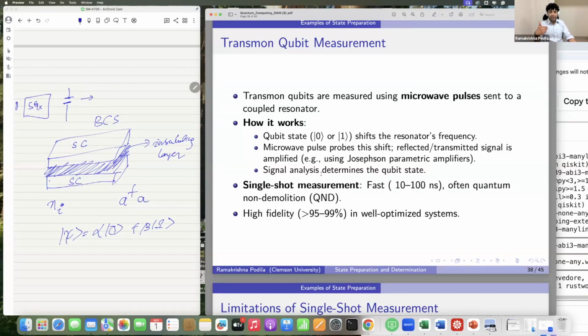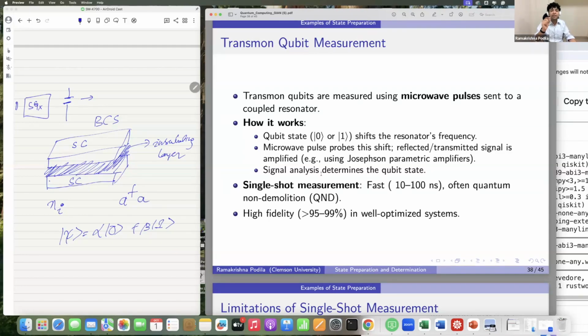If there is a Cooper pair, that is state 1, and the microwave pulse shifts, or is reflected or transmitted. Then from the change in the microwave pulse, I can say, okay, in this single shot measurement, there was a Cooper pair. Then I can repeat those measurements, right?